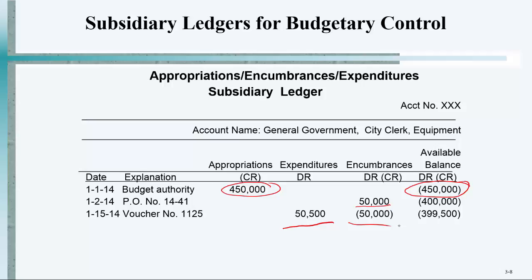We're going to get a new budget next year and start this whole process over again, aren't we? So at the beginning of the year, we debited estimated revenue, what was it, 500,000?